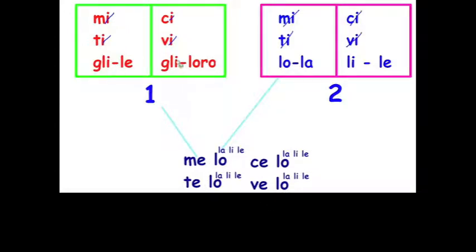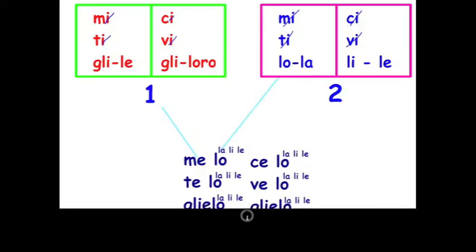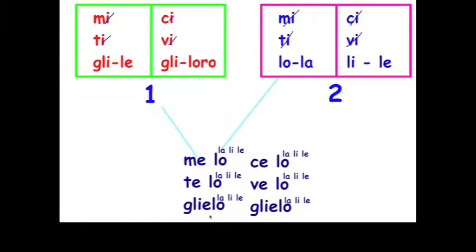Where it gets tricky is down here, but it's kind of fun. It now becomes all one word. And you don't have to worry if the beneficiary is singular, masculine or feminine, or plural. It's always glie. Glie plus the object. Okay, so that kind of makes it easier. So glielo, gliela, glieli, gliele, and same for plural.